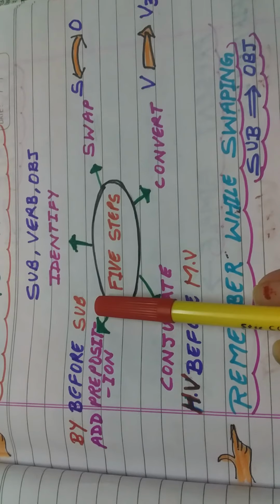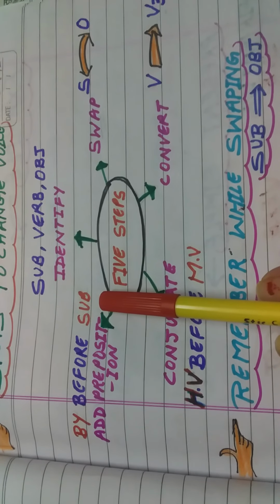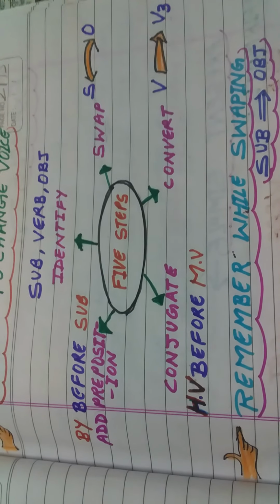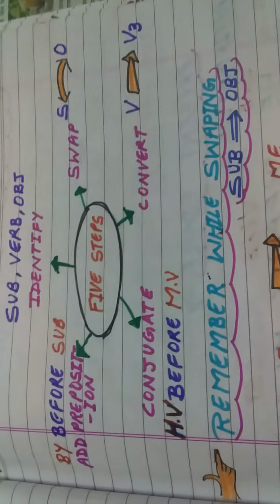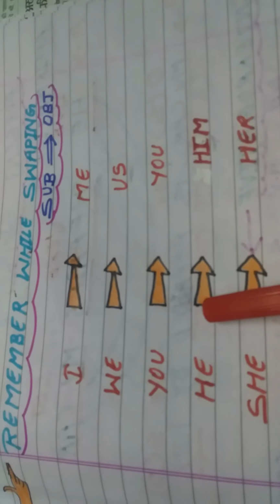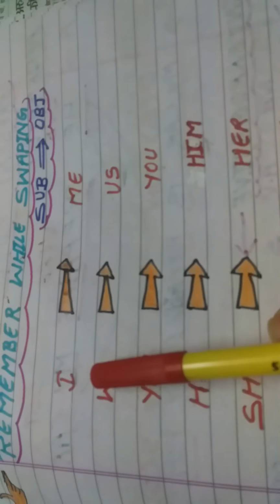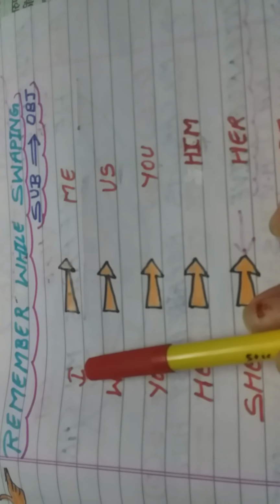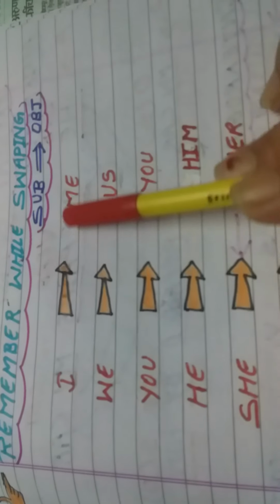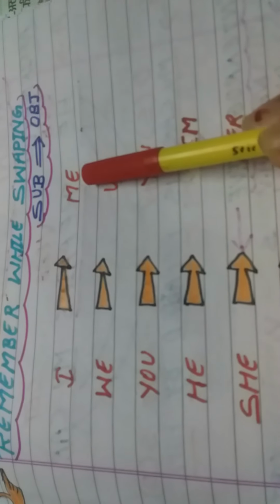Okay. Then before moving further, one very important point you should know, that is, while swapping you should know what the subject changes into at the place of the object. If the subject in active is I and we take it to the place of object, it becomes me.